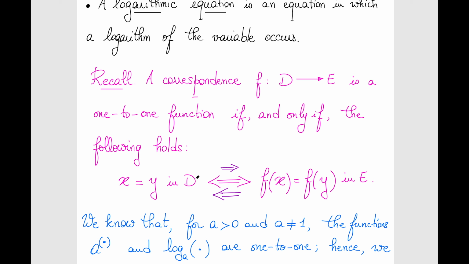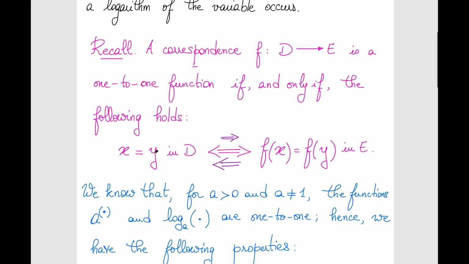Remember, one-to-one means that no two distinct elements in the domain of the function have the same image. Or equivalently, no element in the range is the image of more than one element in the domain. So the left to right implication is because f is a function, and the right to left implication is because f is one-to-one.